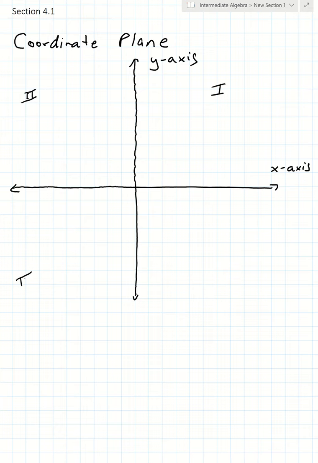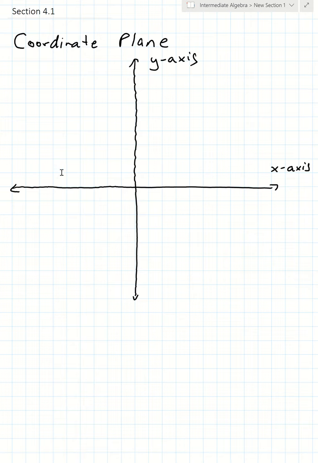Quadrant 3 is in the lower left, and quadrant 4 is in the lower right. And we use these Roman numerals to represent them: 1, 2, 3, and 4. Okay, so those are the four quadrants that make up your coordinate plane.